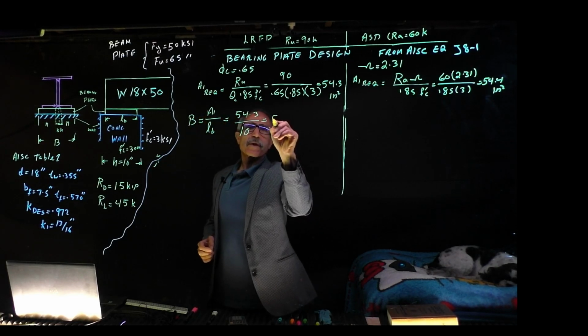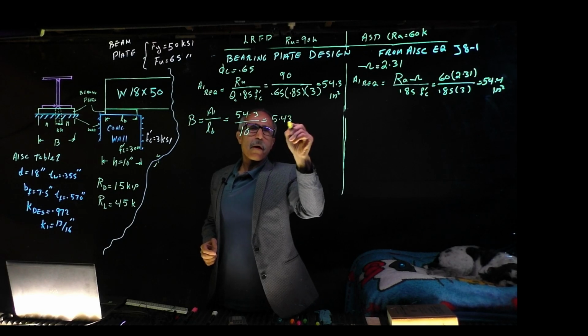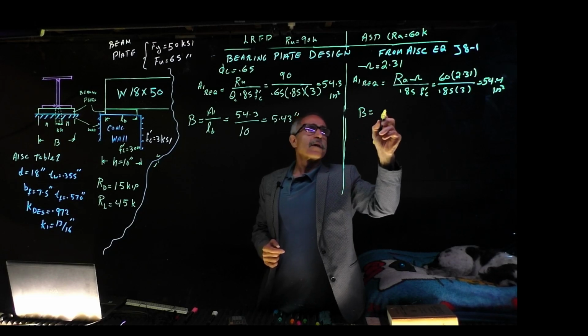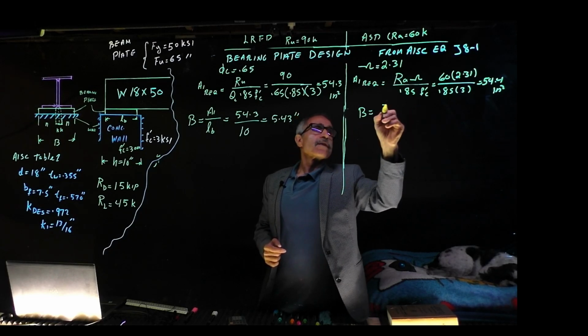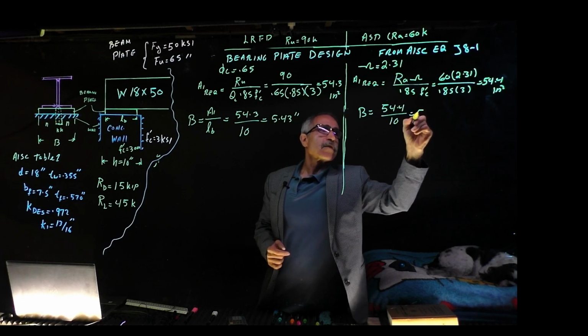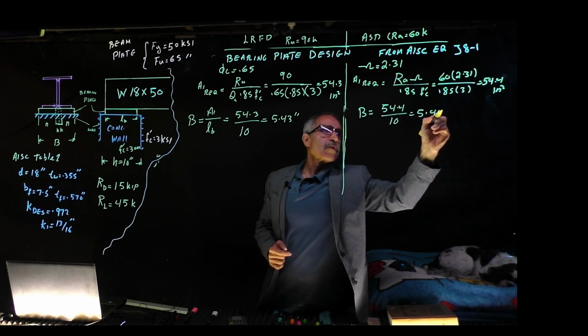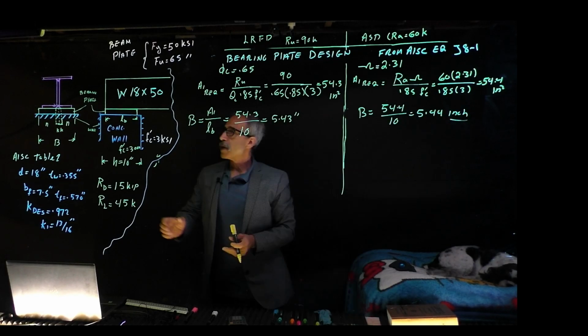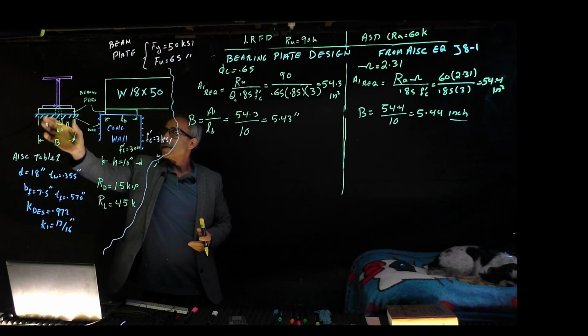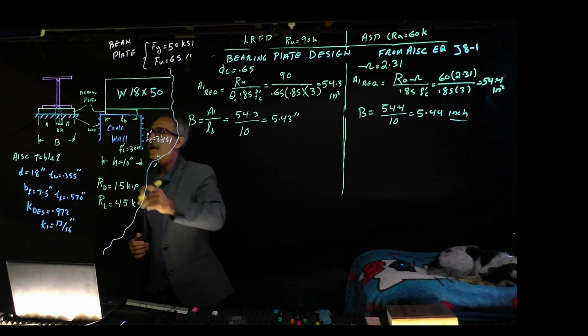So our B comes out to A1, which we already have, divided by LB. A1 is 54.3, and we have 10 inches available, so that becomes 5.43 inches. Same thing here, B is going to be A divided by L, so 54.4 divided by 10 is 5.44 inches. Here's your B. The plate is not that expensive, and this is 7.5 inches right here.